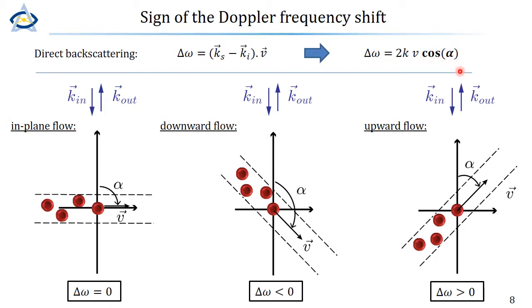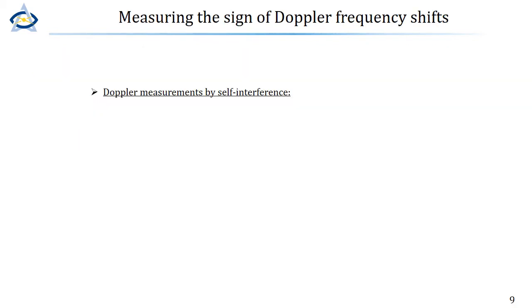Now, it's possible to detect the direction of blood flow if we know the sign of the frequency. It's not so simple, because with the conventional laser Doppler instrument, the signal that you would measure is real, so the Fourier transform is symmetrical.